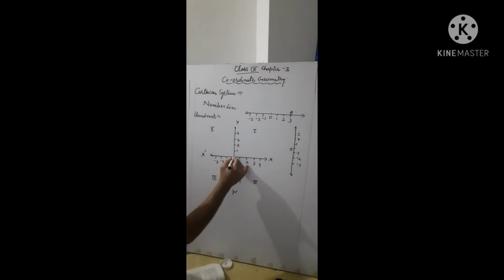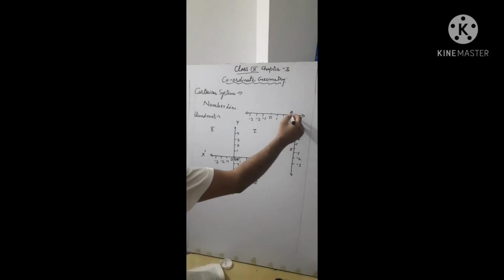So this is called the origin, the point is denoted as O, and the coordinates of the origin are 0, 0. There are two numbers in a bracket.